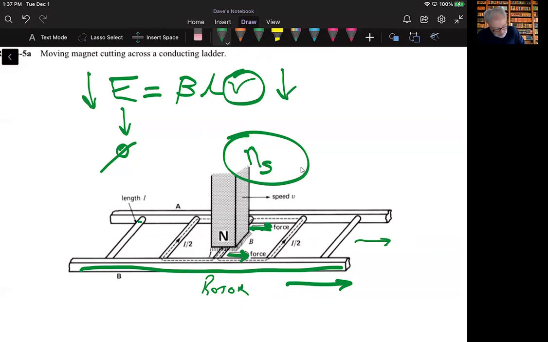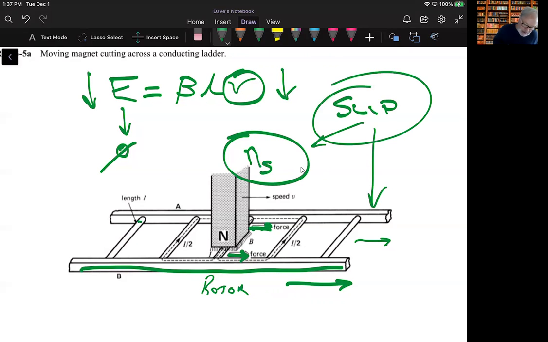At no load, the percentage difference in speed between the rotor and the field is called slip. Slip is the difference between the synchronous speed of the magnetic field and the actual speed of the rotor, and that defines slip. We can build from that and create our second equation.